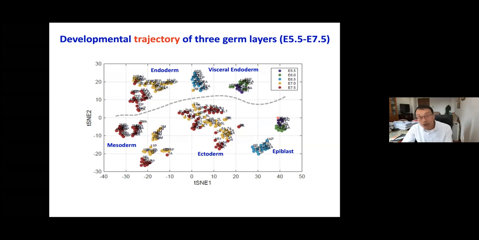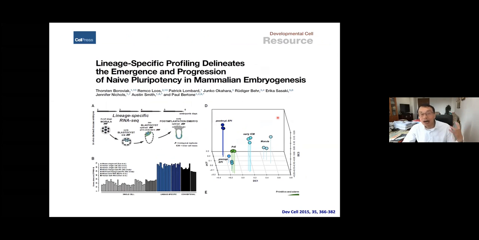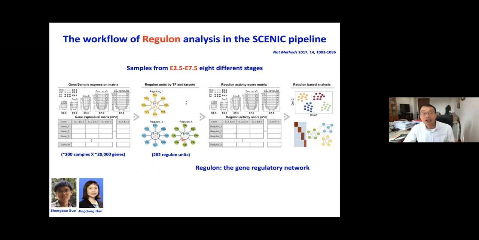So then, in 2015, Austin Smith's group published a paper with data of embryonic day 2.5, 3.5, 4.5, and 5.5. So we use their data with ours, and we merged from embryonic day 2.5 to 7.5, 8 different stages.